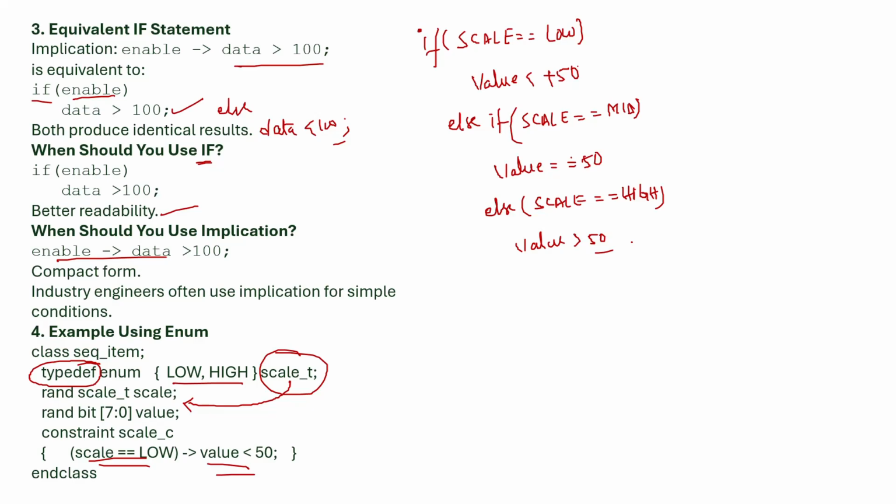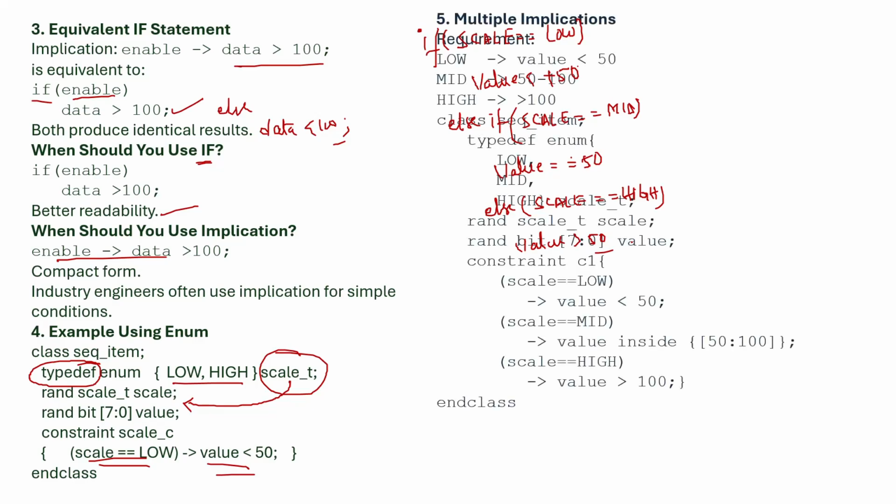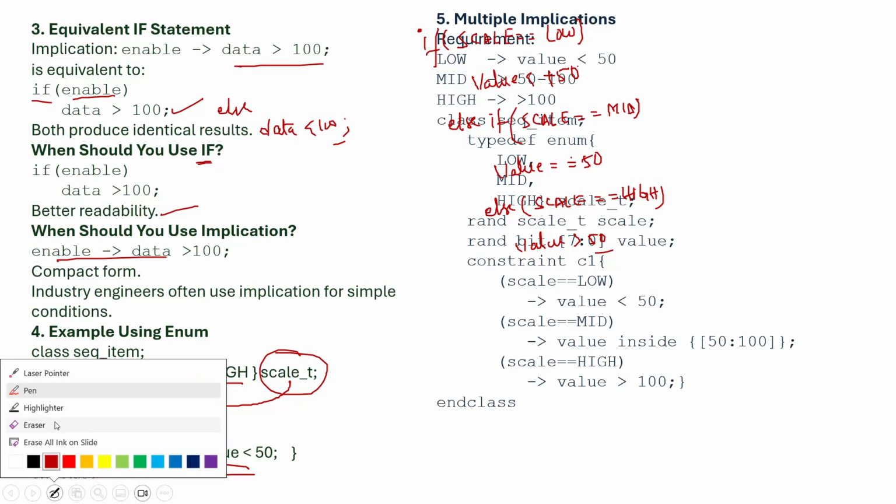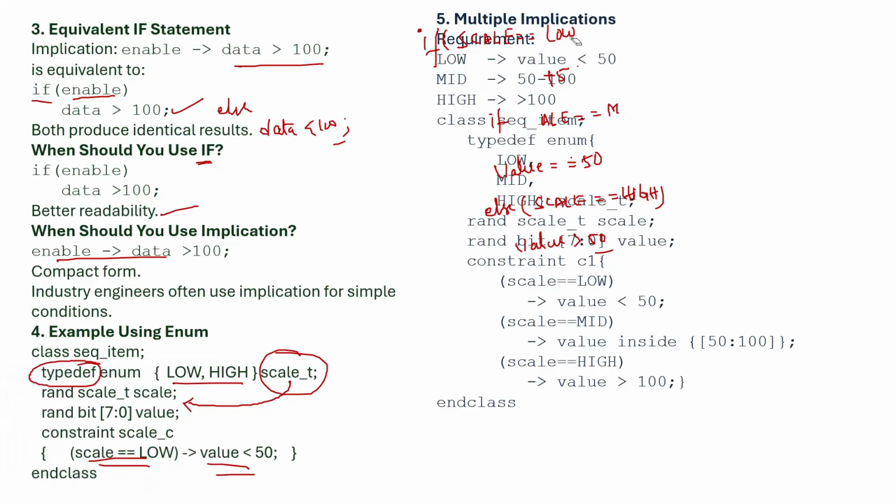Okay, see, the same condition is also written, and then implemented with different values. Okay, so low, medium, high. If you have the low value, okay, value should be less than 50. Mid value should be 50 to 100, and then high value should be greater than 100.